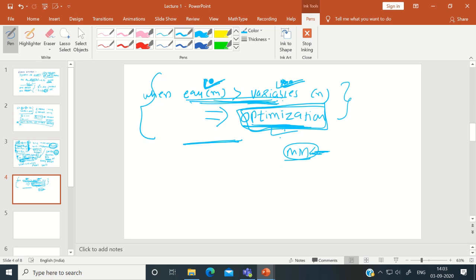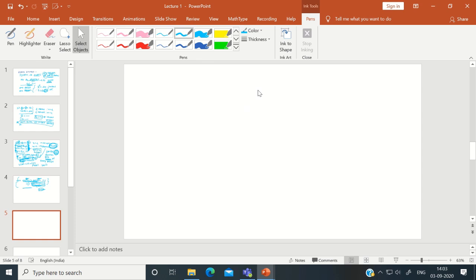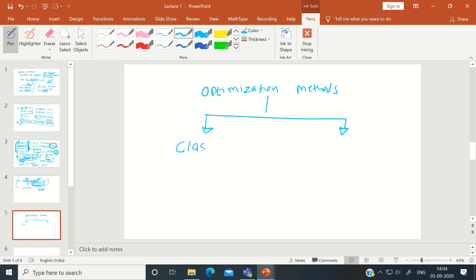Broadly speaking, the optimization methods can be classified into two parts. The first part is the classical optimization methods, and the second part is the artificial intelligence or computational intelligence or metaheuristic optimization methods.